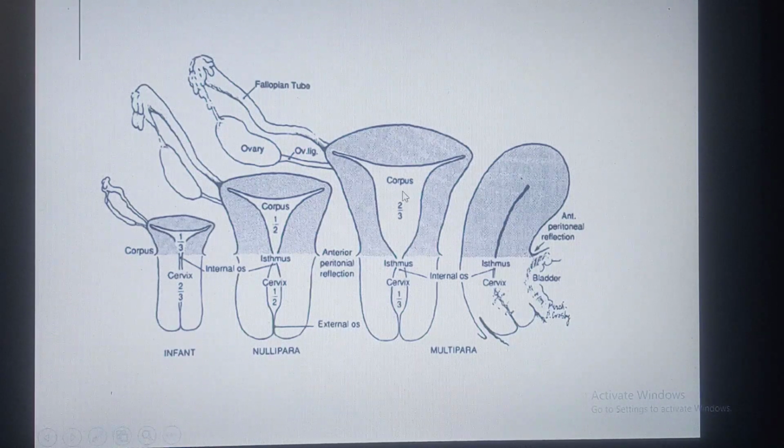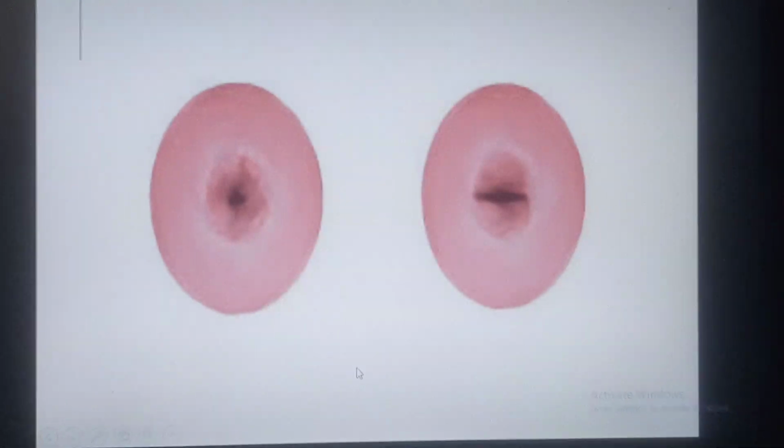In the reproductive age it may even increase further, to about 3:1 or even 4:1. But surprisingly, at menopause it regresses and eventually gets to a ratio of roughly 1:1.